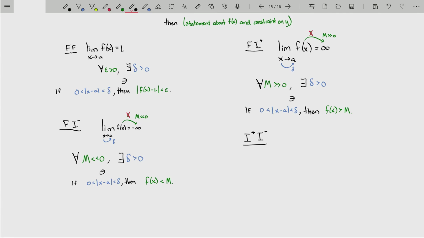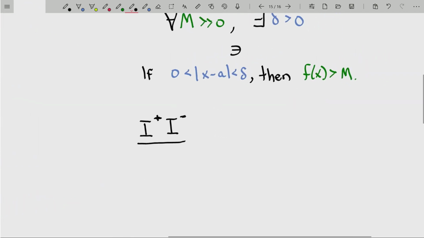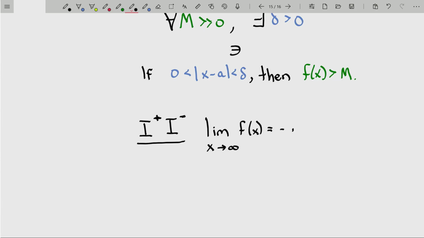By the way, I just made up this notation, so it's not an accepted notation throughout mathematics. It's just my little way of dealing with all the different languages it could be. So here is the case that I'm talking about. x is approaching positive infinity, but our function simultaneously is going to negative infinity.